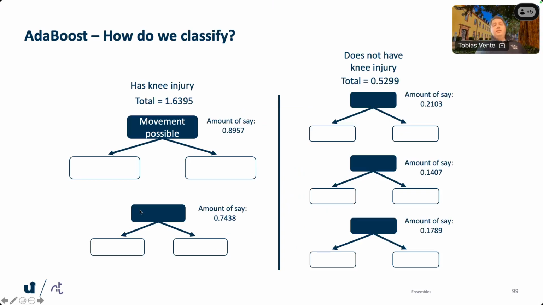In our scenario, these trees say he has a knee injury, and these trees say he doesn't have a knee injury. As you can see, more trees say that he doesn't have a knee injury. So if we did majority voting as in random forest, we would say he doesn't have any injury.